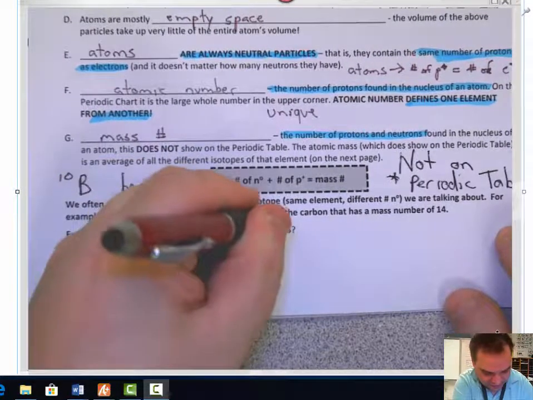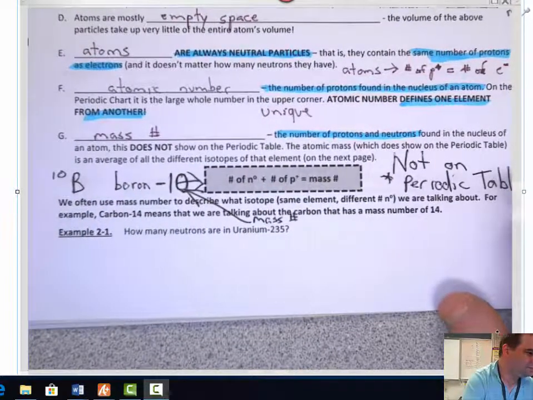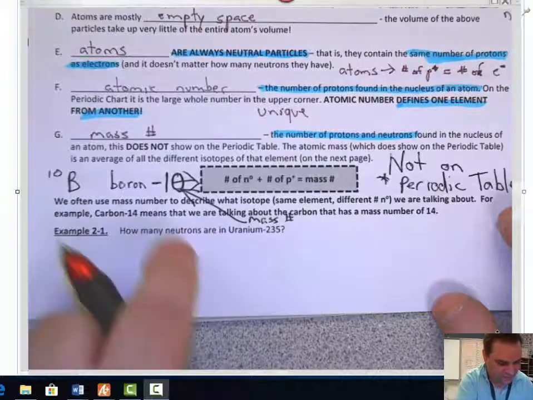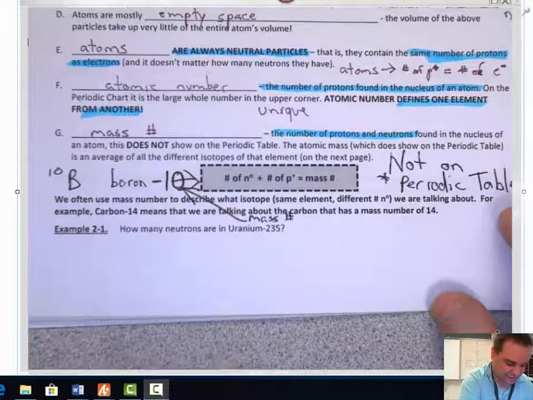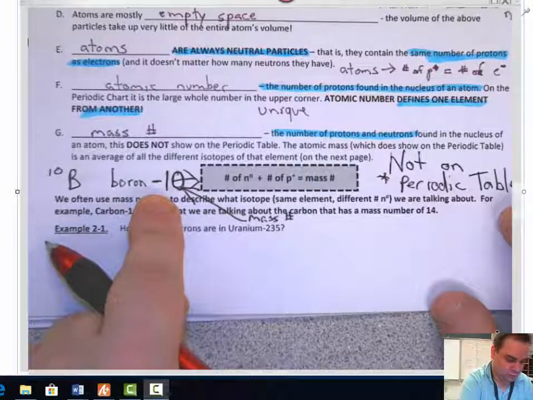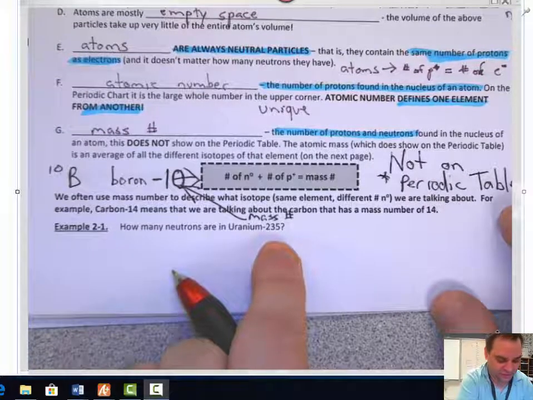That is the mass number. If you see a number written after the name, that's the mass number. This is not a negative sign. It's a hyphen.